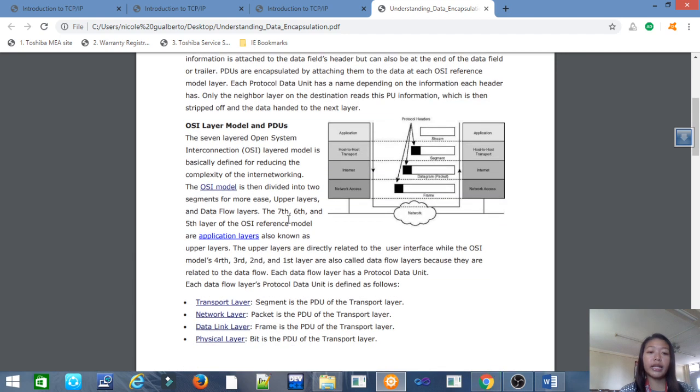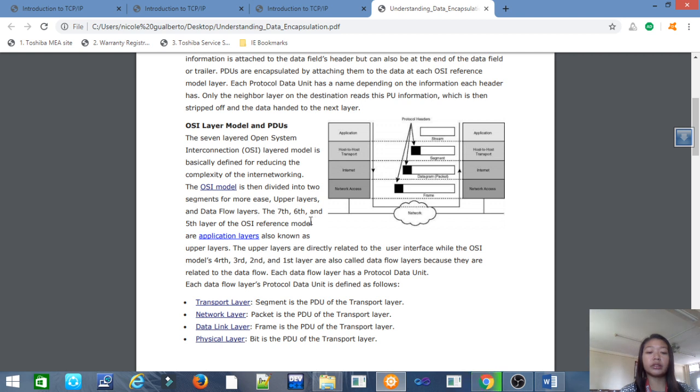For the OSI layer model and PDUs, the 7-layered Open System Interconnection, or OSI, layered model is basically defined for reducing the complexity of internetworking. The OSI model is divided into two segments for more ease: upper layers and data flow layers.